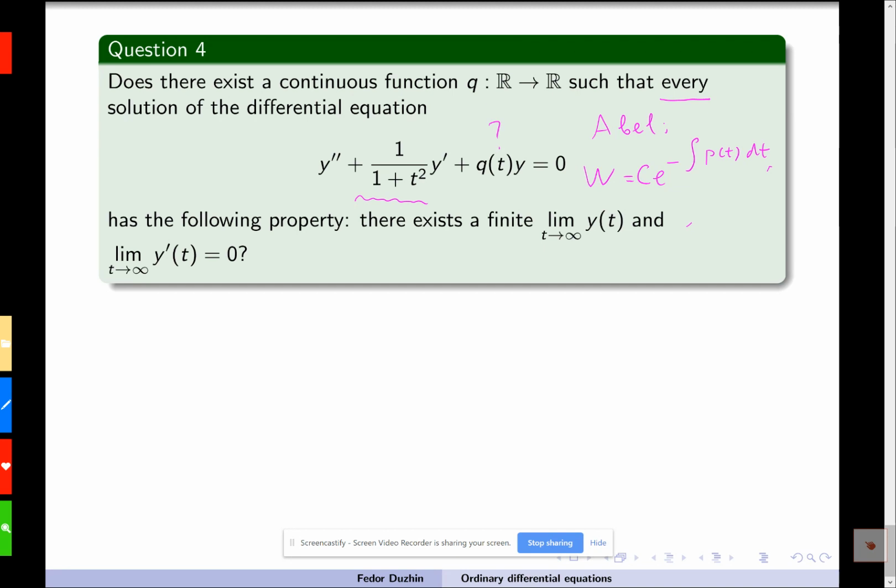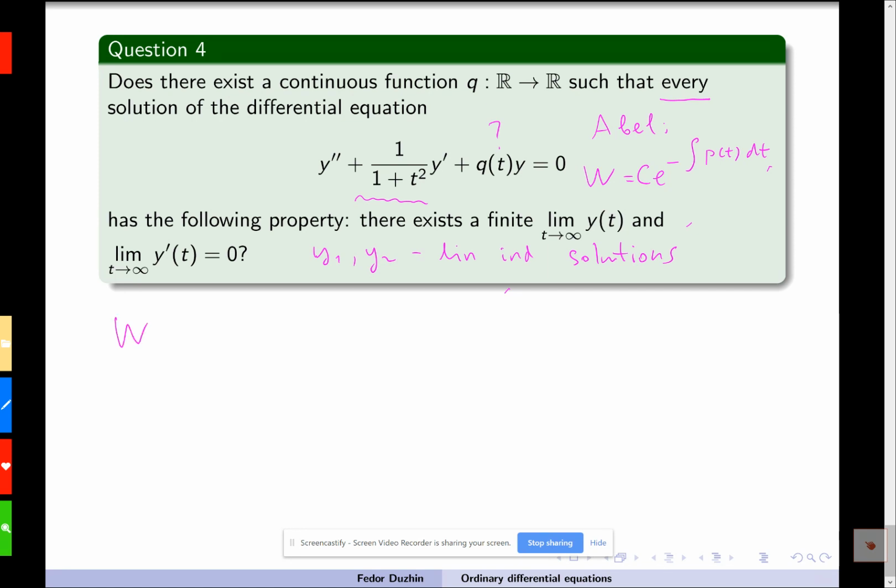Notice that now we don't know whether the answer is yes or no. So let us just try to reason logically. Suppose that the answer is yes, and such a q exists, which means that there should be y1 and y2 that are linearly independent solutions.